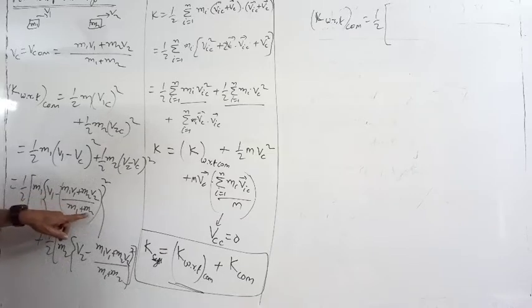What is left here? m2 v1 minus m2 v2. m2 you can take common, so you will get (v1 minus v2).